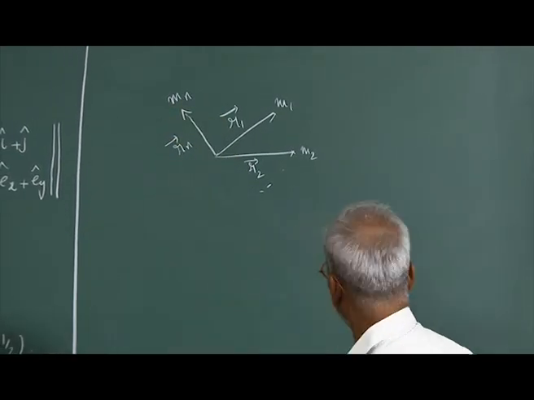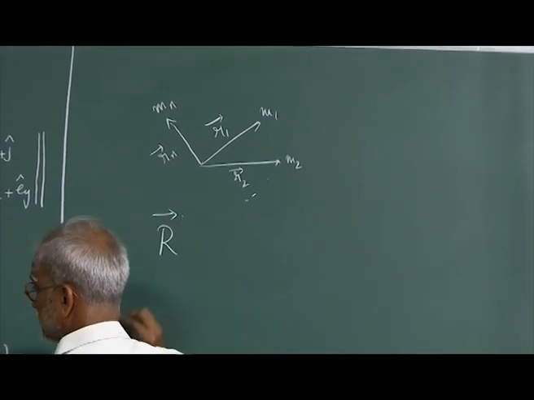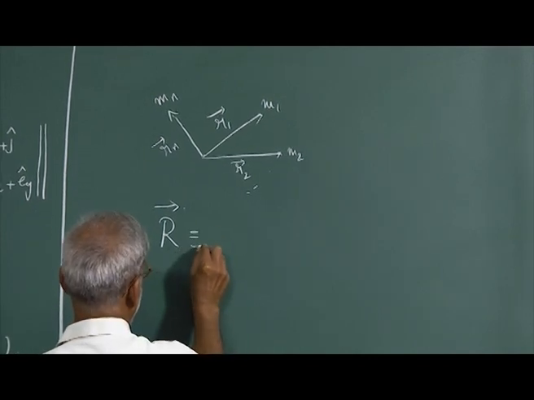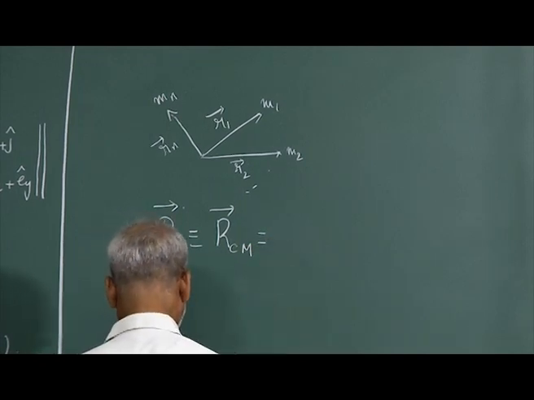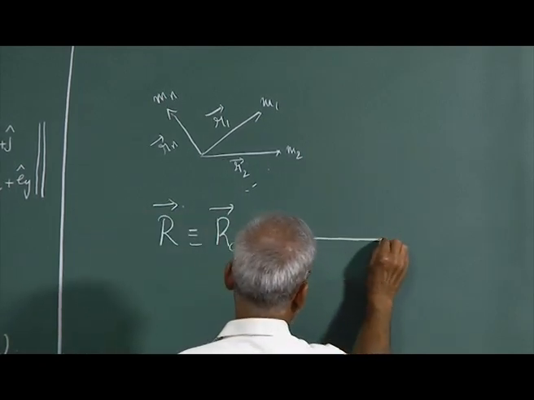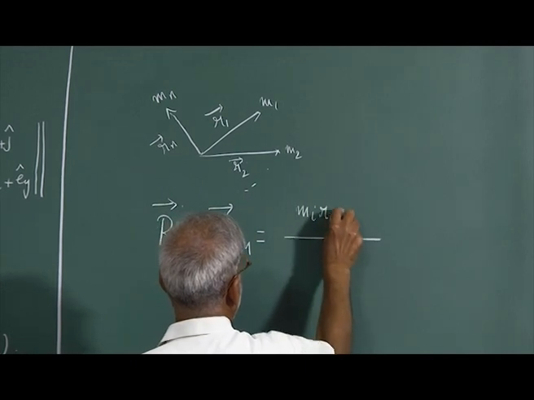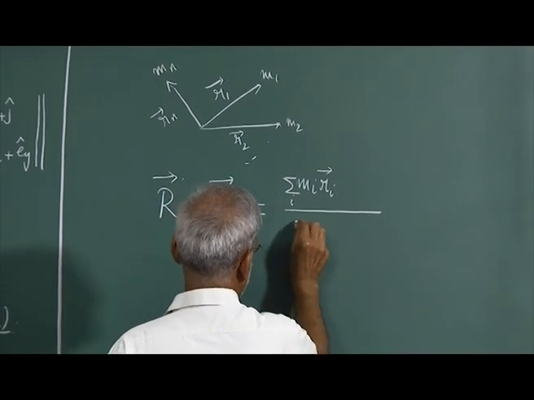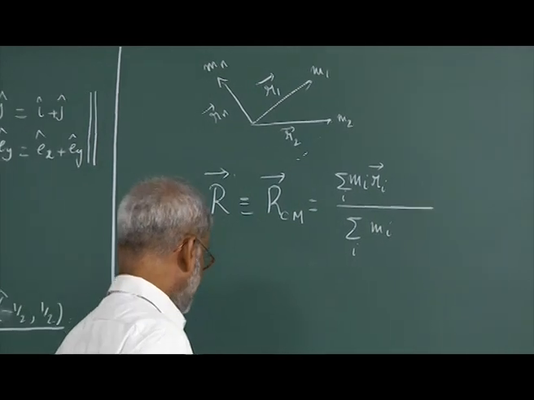Then the center of mass of the system is given by, which we had seen, if you want to write this as R_CM also you can write, just for our reference, is equal to, each mass multiplied by its corresponding position vector, and this summation by M, i running from 1 to n.